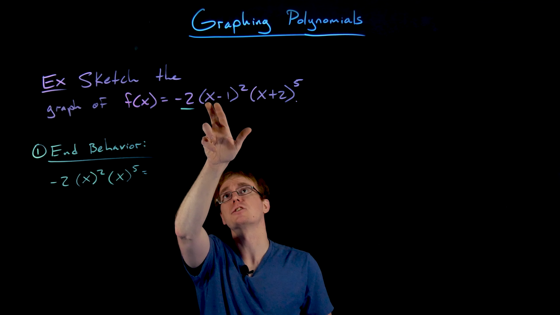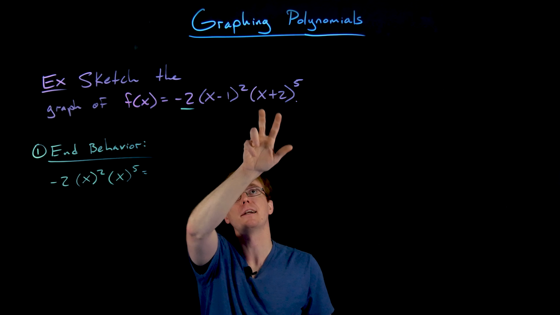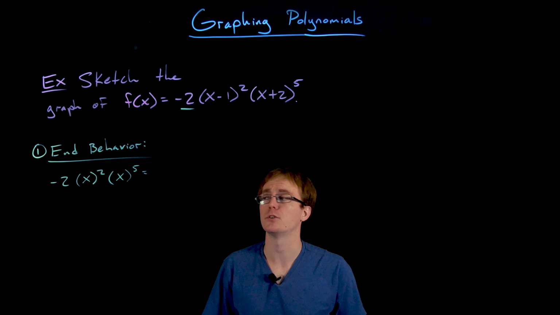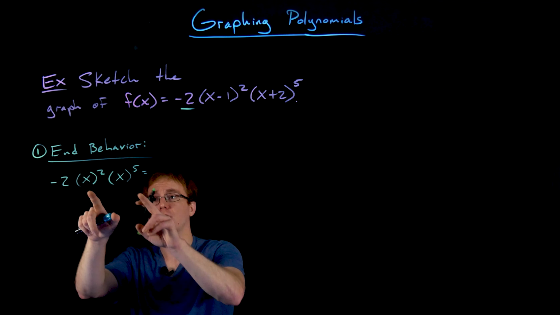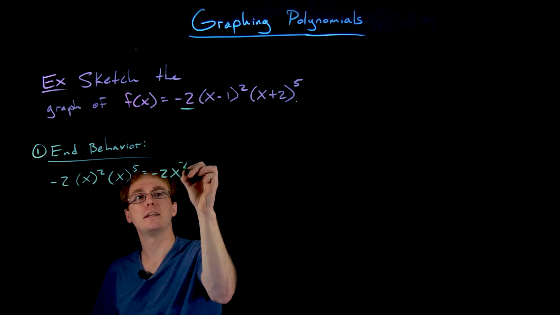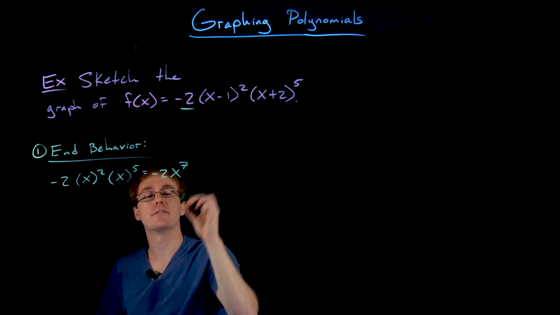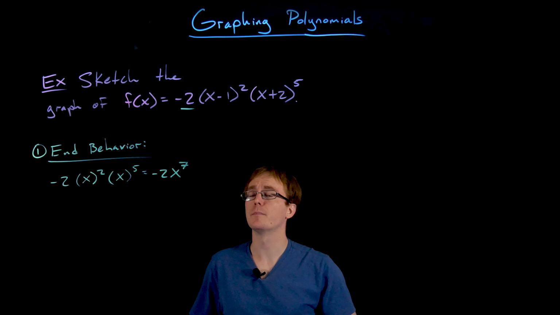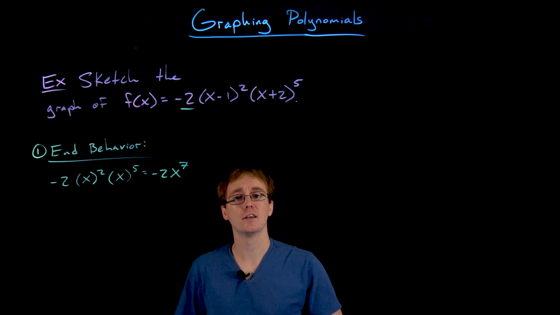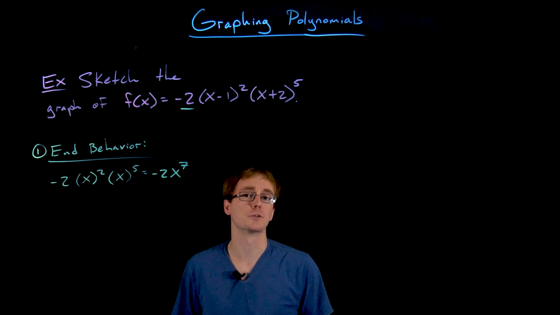We get 2 factors of x from x minus 1 squared, and we get 5 factors of x from the quantity x plus 2 to the 5th. Putting those together using our exponent rules, we have 7 factors of x. So we have negative 2 times those 7 factors of x. The leading term of our polynomial is negative 2 times x to the 7th. We don't need all those other terms at this point.